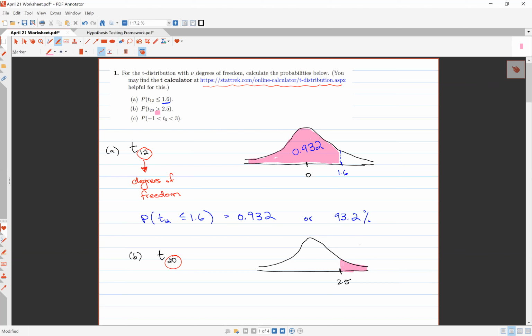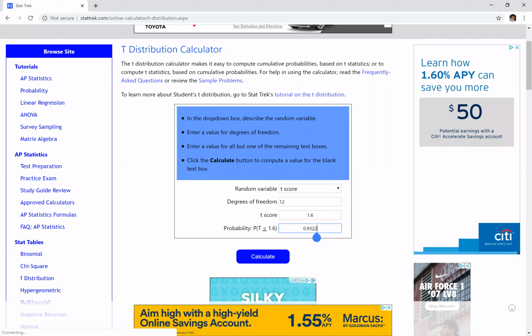I can still go and use my calculator, but that calculator by default always gives me probability to the left. So I can calculate the probability for a t-distribution being less than or equal to 2.5. If I go over to my t calculator here and I enter 20 degrees of freedom and 2.5, let's go ahead and do that.